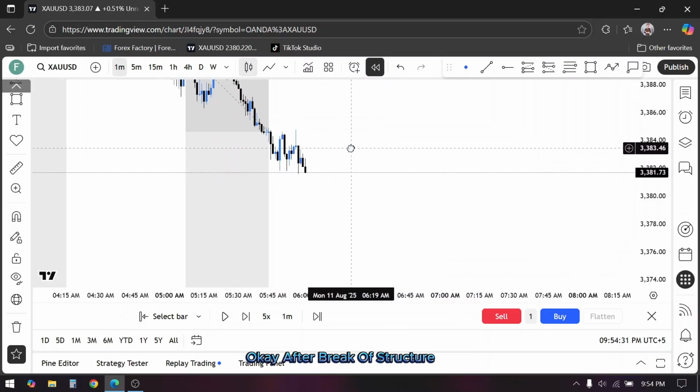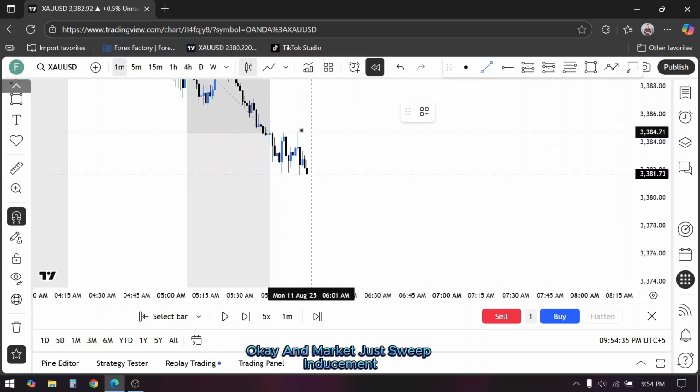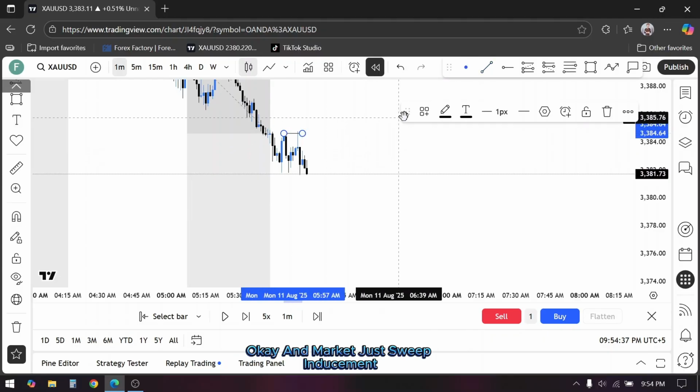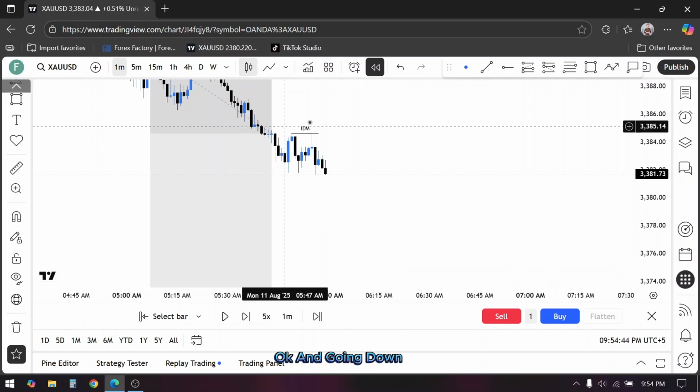After break of structure, if you see, this is our low and this is our inducement. And market just sweeps inducement and going down.